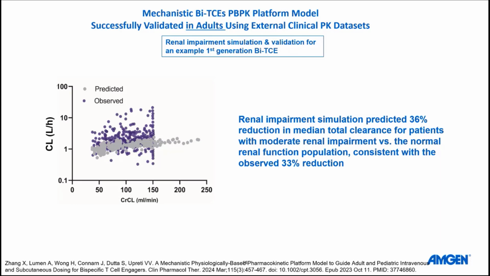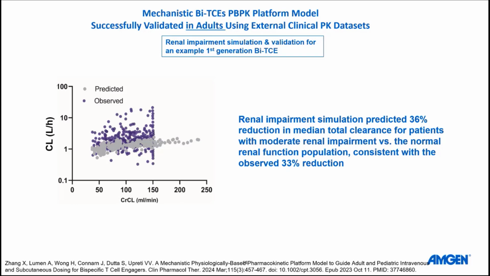So the PBPK model usually does not capture the variability very well. And especially for bispecific T-cell engagers, the first generation, we have observed very high variability in the clinical PK data.